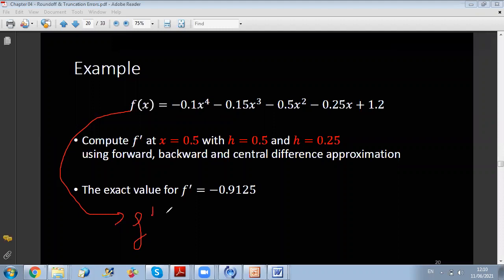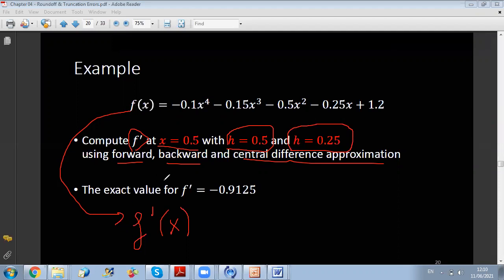So here we are able to compare the exact value to the value that we can obtain using the forward, backward, and central difference approximation. In this problem, I asked to compute f prime for x equals 0.5 for different values of h equals 0.5 and h equals 0.25.